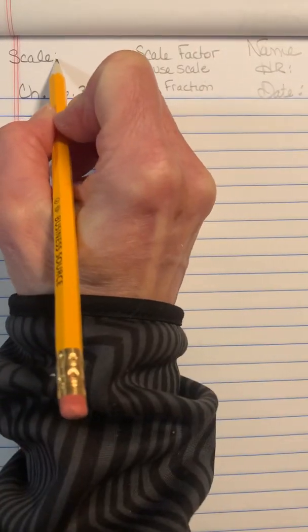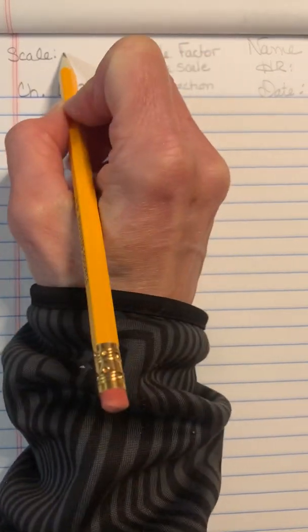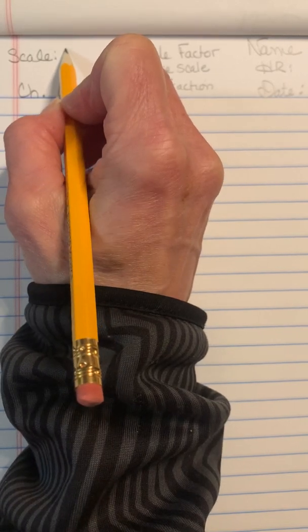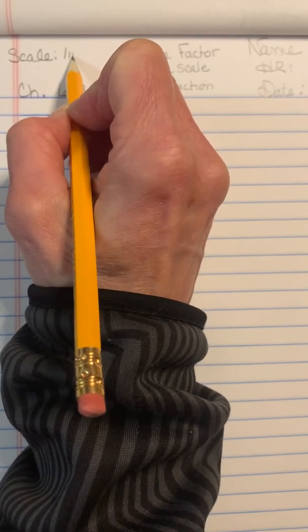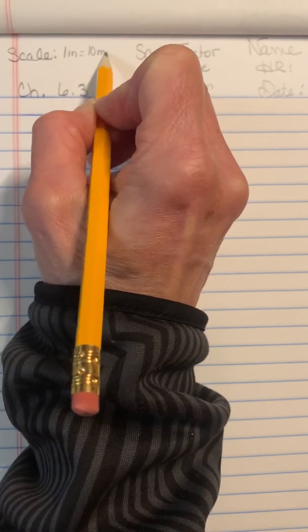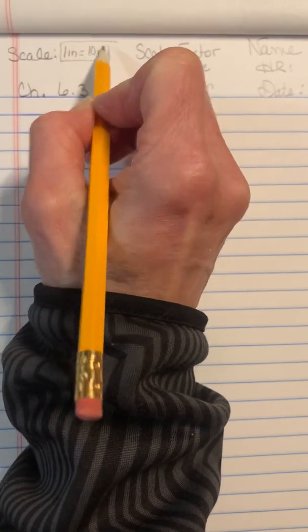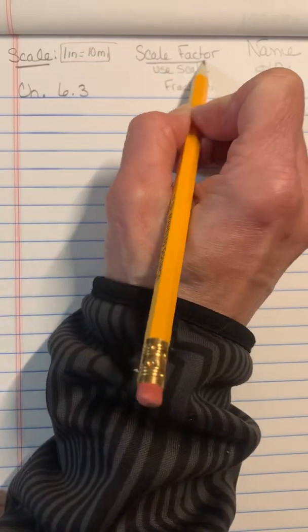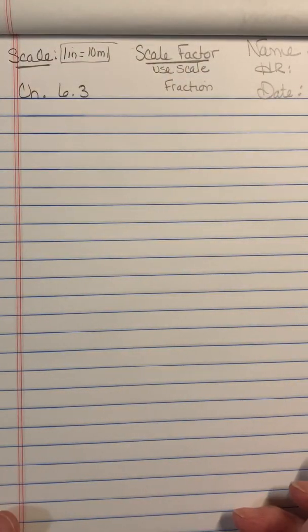When you have the scale, it always looks something like this: for every 1 inch on the map, it equals 10 miles, and it's written in that format. So make sure you know the difference between scale and scale factor.